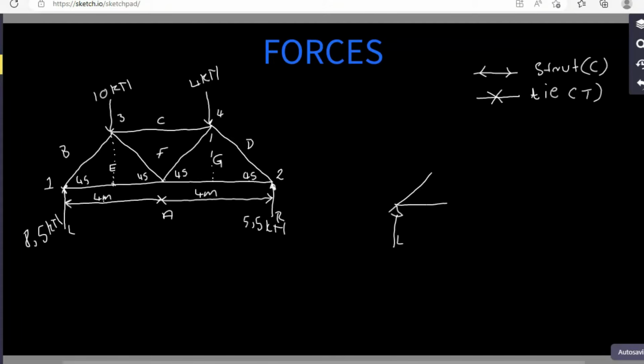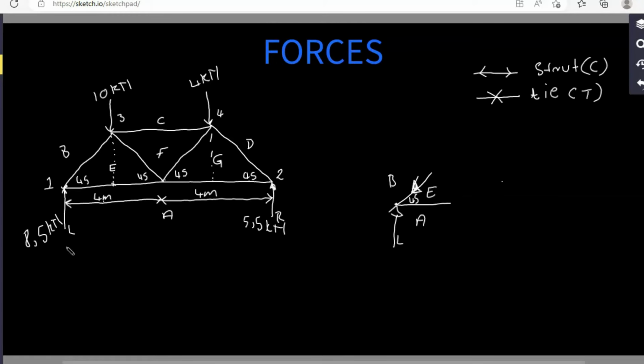So this is B, this is E, and this will be our A. The angle is 45. We are going to start with BE. The first thing that we have to do is to choose a direction for BE, the one that seems to keep this thing in balance. So I'm going to say the direction for BE is towards this point.